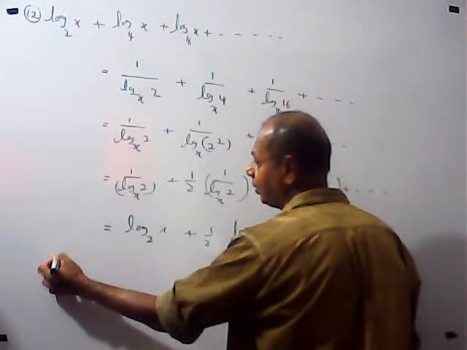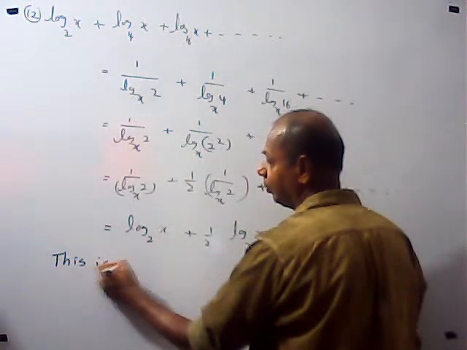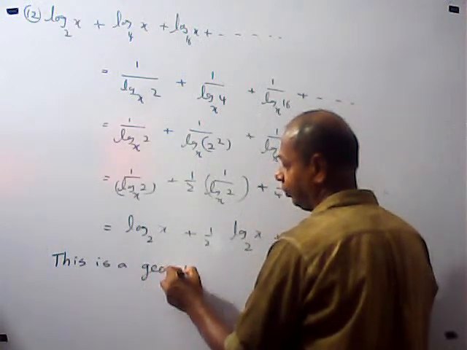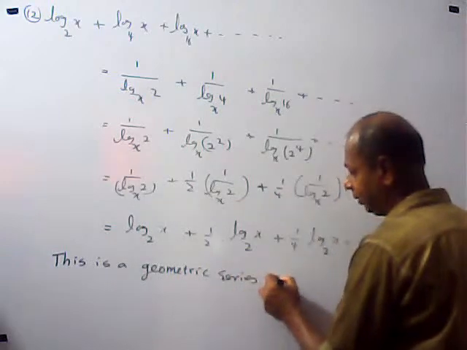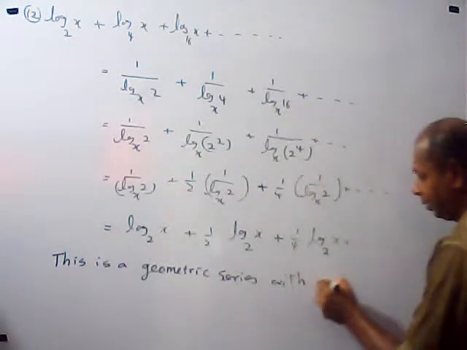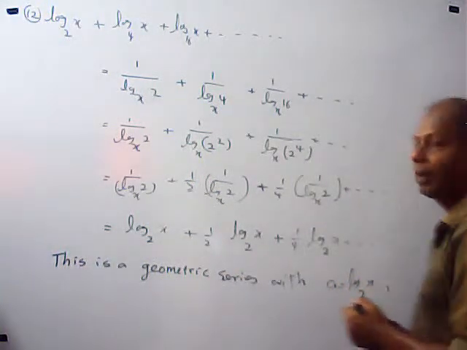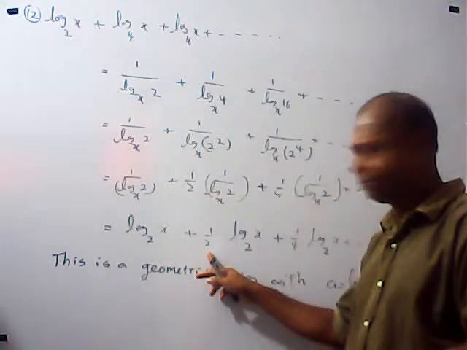What is A? What is R? So this is A. Of course, it has to be A. A equals log 2x, and R? This is multiplied by half to get this.